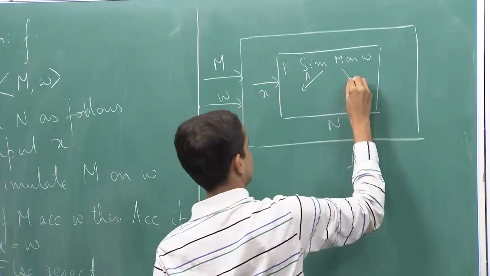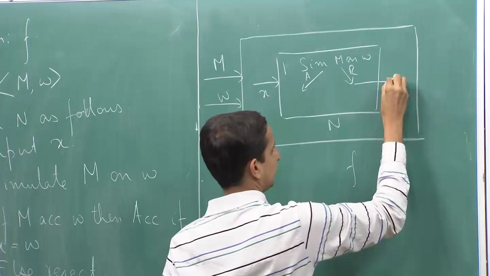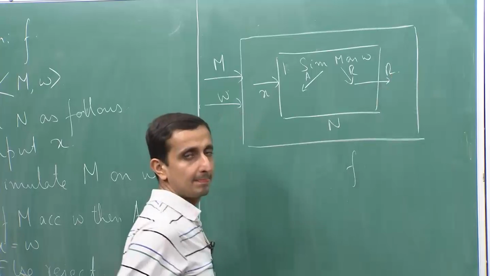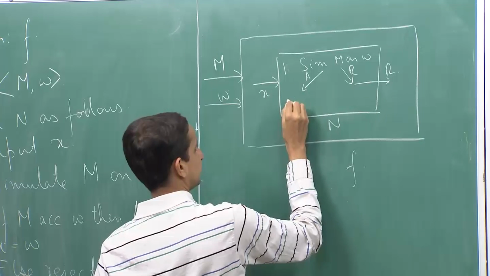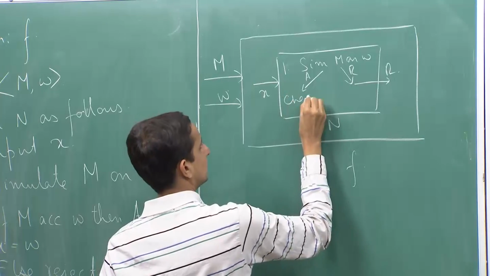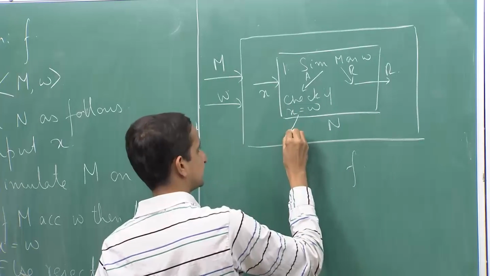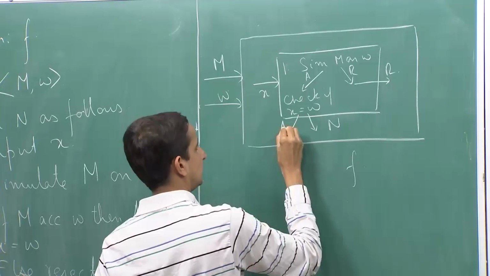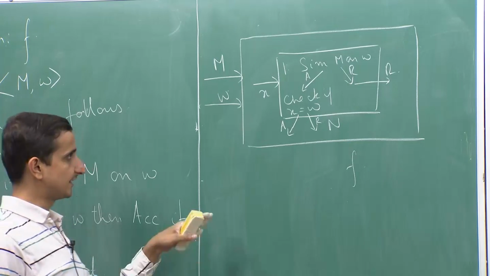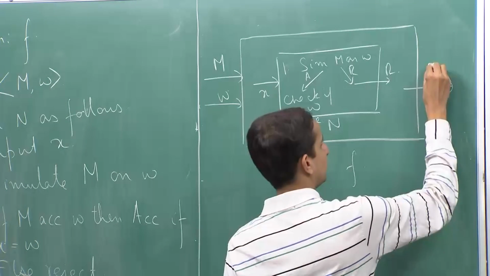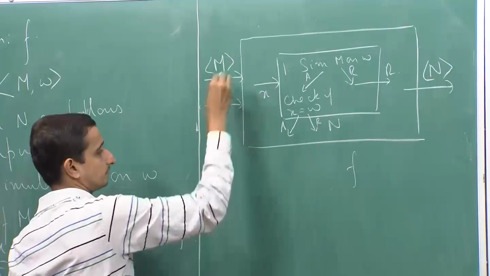If this rejects, then N will reject. And if M accepts, then check if x equals w. If this accepts, then accept, else reject. Finally, f will output the machine N.